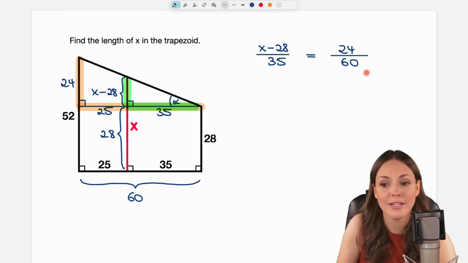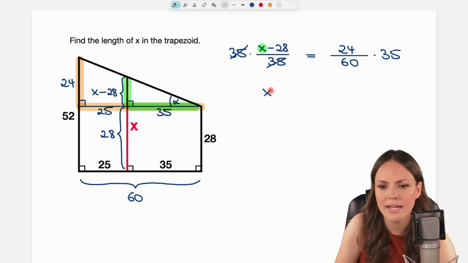And now we have an equation. We have x in here. So let's solve this equation for x. Maybe let's get rid of the 35 here first by multiplying both sides of the equation by 35 so that this cancels out here and only this part is left, so the x minus 28.